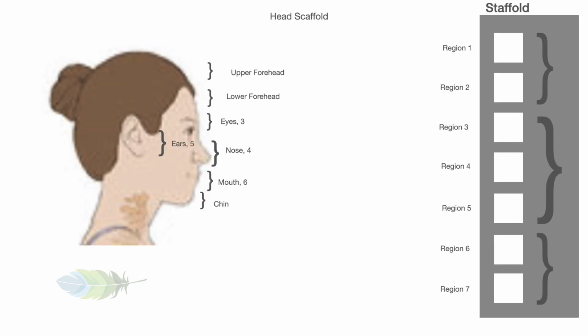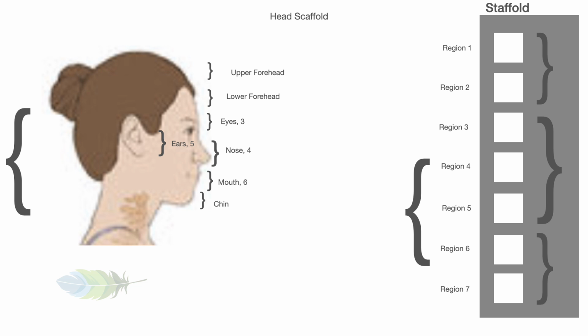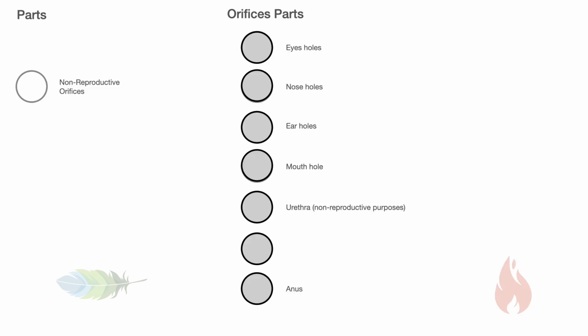All right, so for head scaffold, we're gonna do the same thing. We're gonna take those head regions and we're gonna add fittings and we're gonna add fixtures. All right, so we've got non-reproductive orifices.